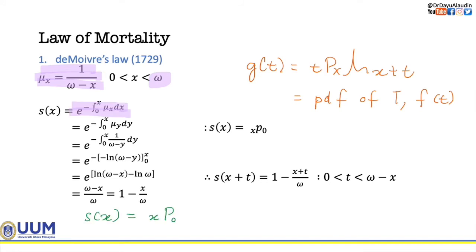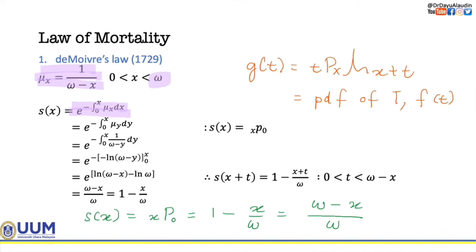So the survival function sx is 1 minus x over omega, or we can also write down as omega minus x over omega.